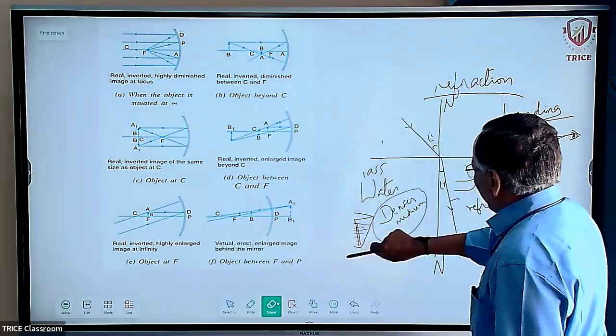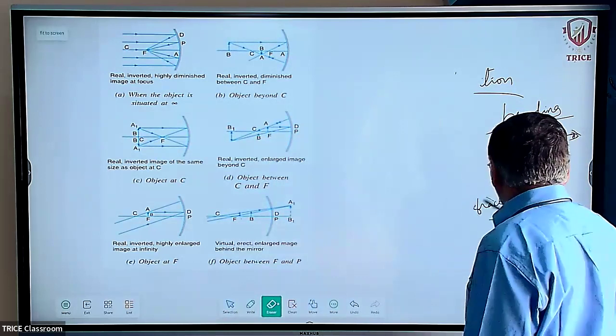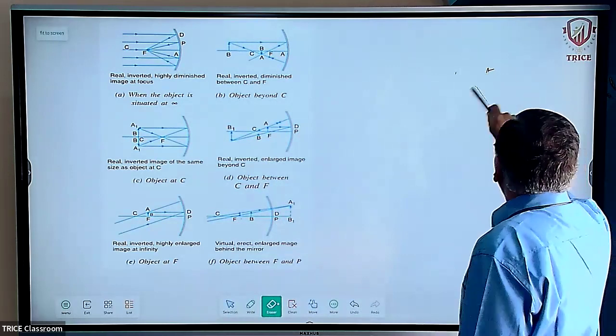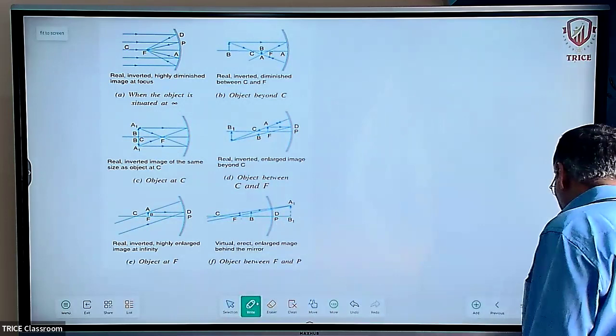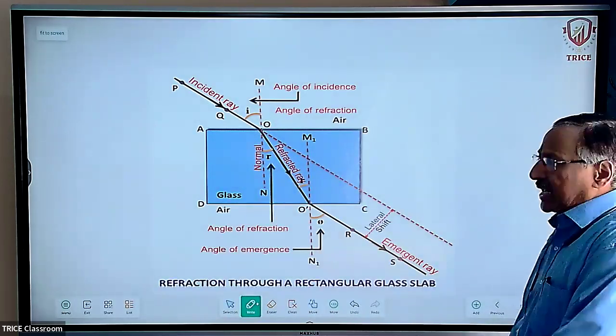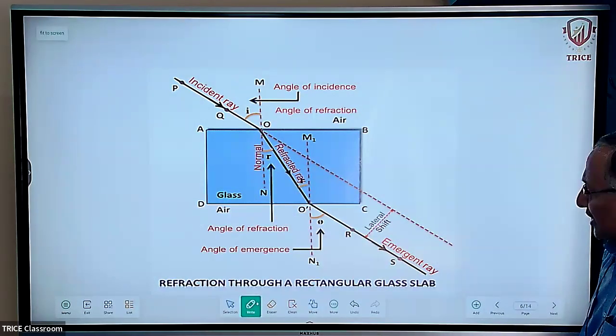You can see refraction through various transparent objects. We have prisms, we have rectangular slabs, we have lenses. Different objects are there. This is a rectangular glass slab.